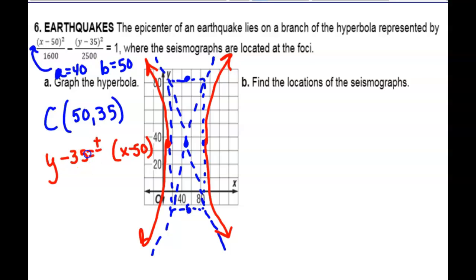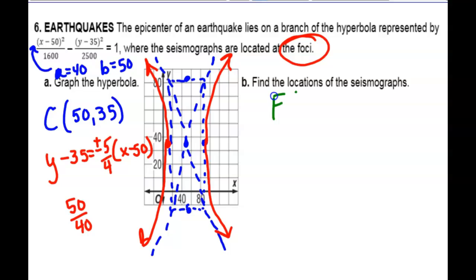And this would be plus or minus, is it b over a or a over b? Yes, 50 over 40 would be 5/4 is the slope. Okay, we need the foci though, because it says what? That's where the seismographs are.